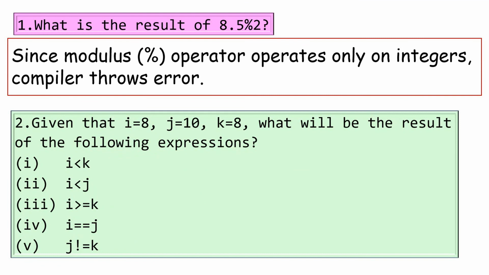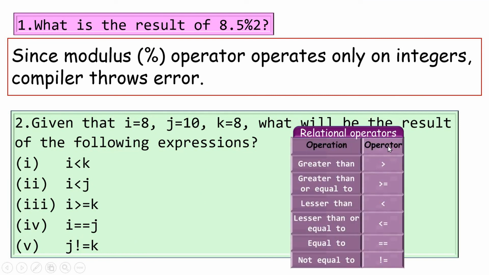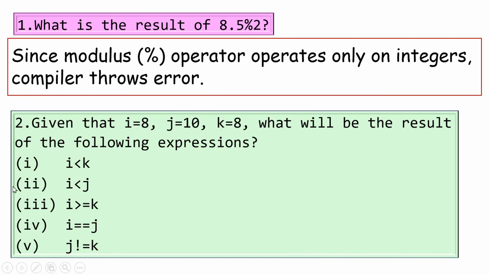What are the relational operators in C++? Greater than or equal to, lesser than or equal to, and not equal to. So here we have relational expressions. The result of a relational expression will be a Boolean value, true or false, that is 1 or 0.